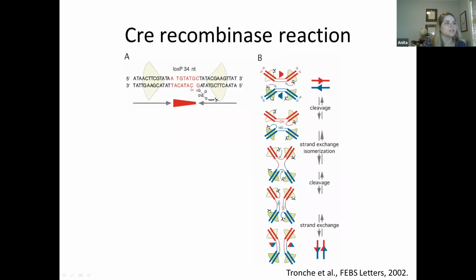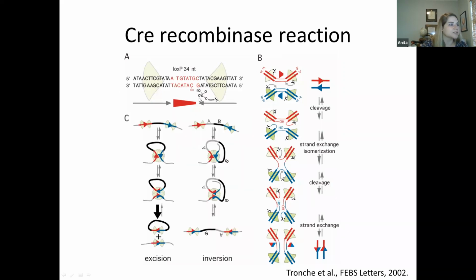And so that's how you get this association, strand exchange, the cleavage events that we talked about. All of it's the same as in the previous one. And here again, two enzymatic pairs.